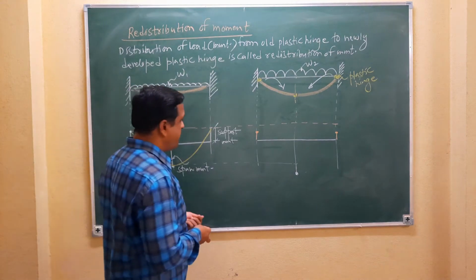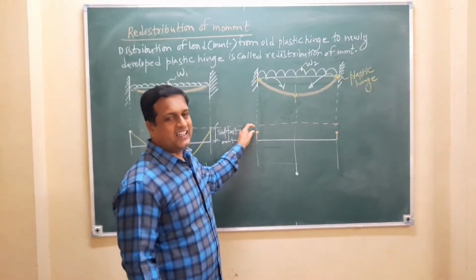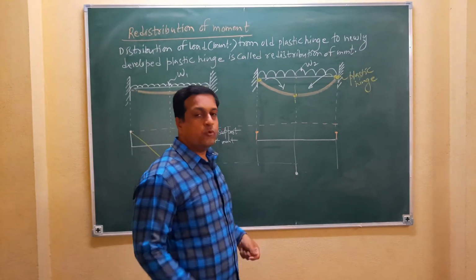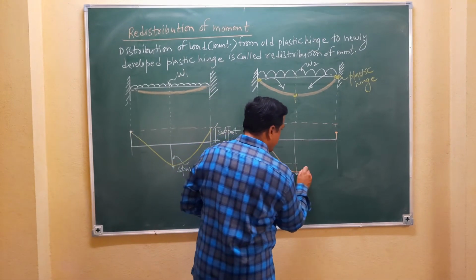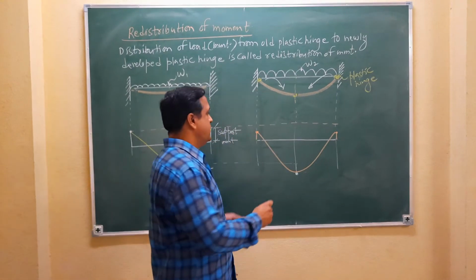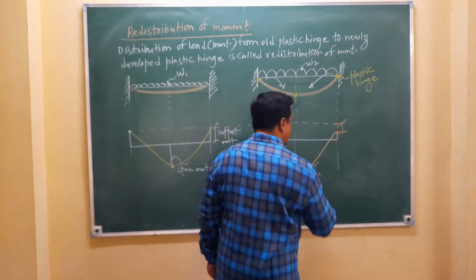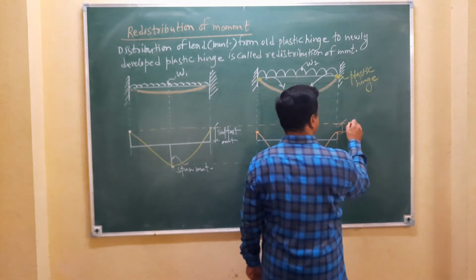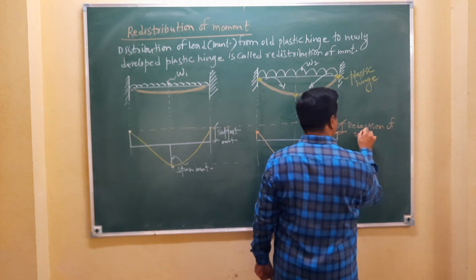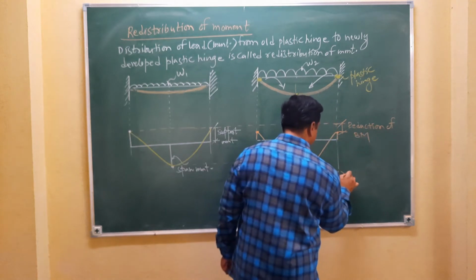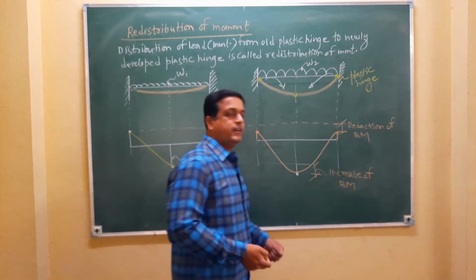If we compare the bending moment diagram with this diagram, at this location the support moment is reduced. Simultaneously, at this location the span moment increases. The bending moment diagram is like this. This is the reduction of bending moment, and this is the increase of bending moment.